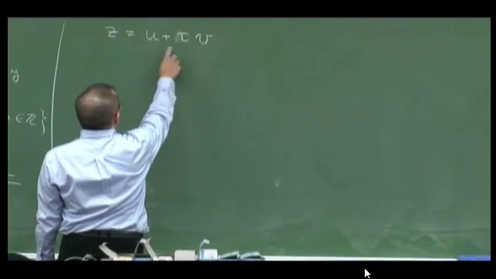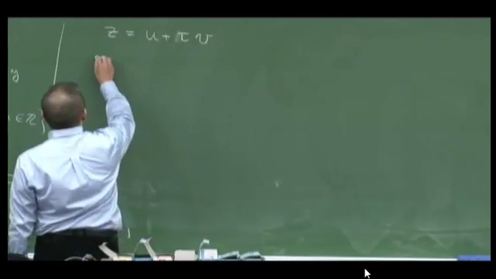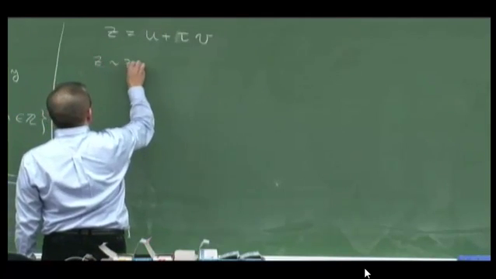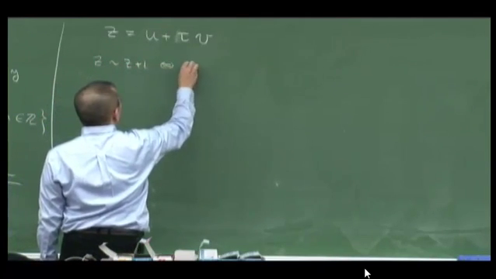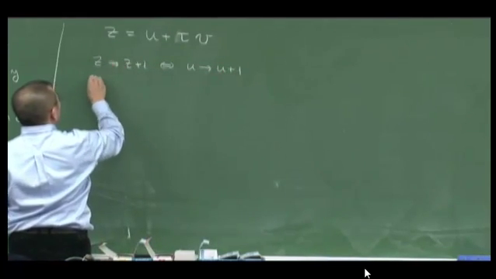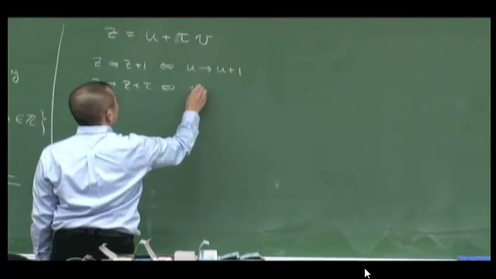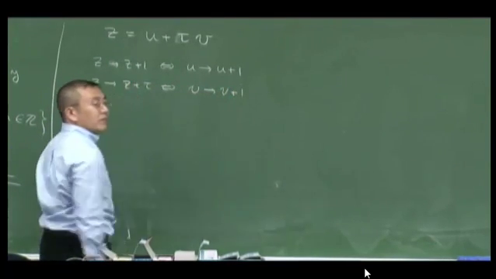But then with respect to these coordinates, what does this lattice translation mean? Well, z goes to z plus 1 corresponds to u goes to u plus 1. z goes to z plus tau corresponds to v goes to v plus 1.